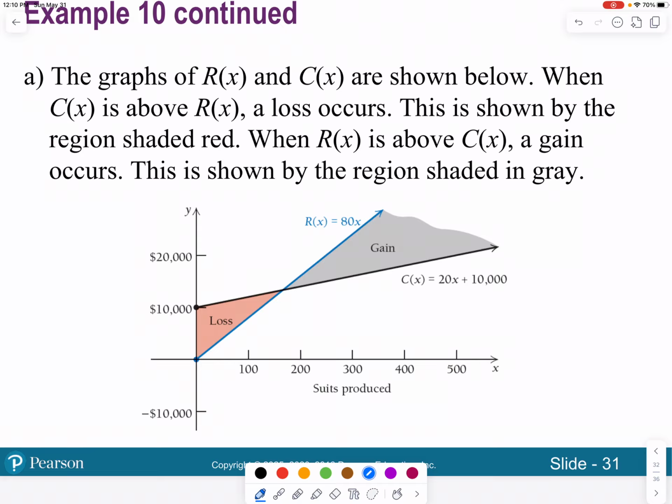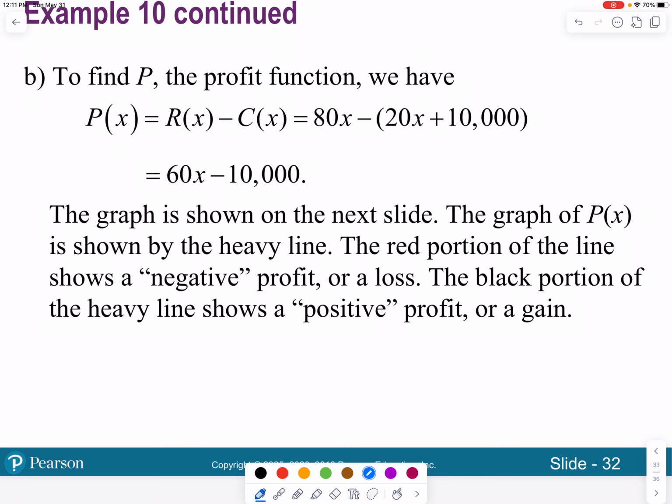They're at a loss when they're on the left side there, and then they're at a profit or a gain when they're on the right. Where the revenue meets the cost function, that's the break-even point. So to find the profit, we did revenue minus cost. Be sure to distribute the negative for it to behave properly.